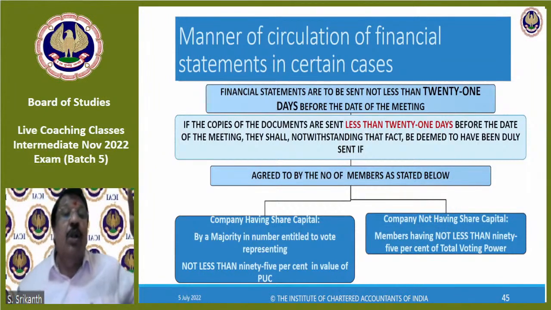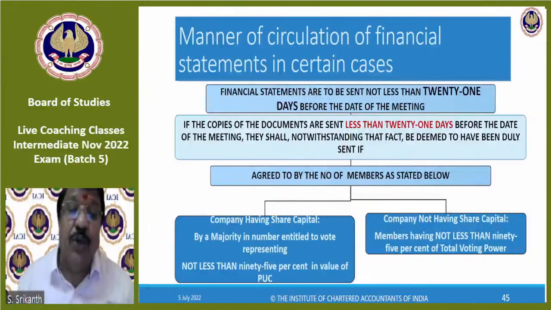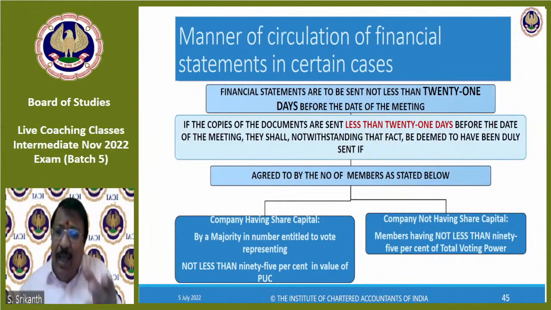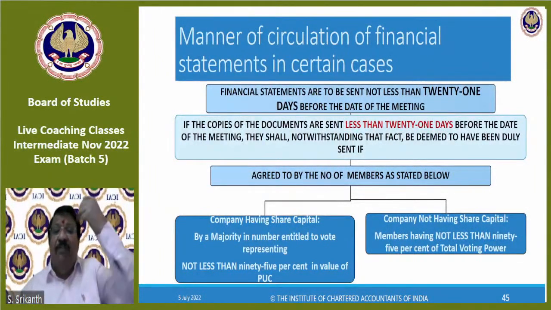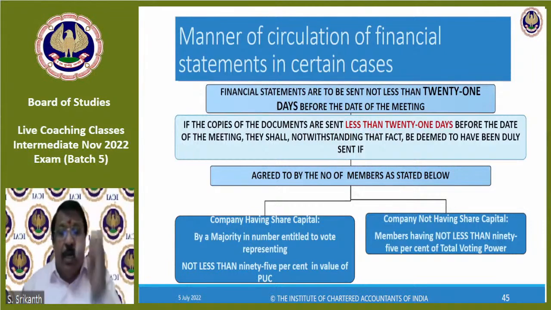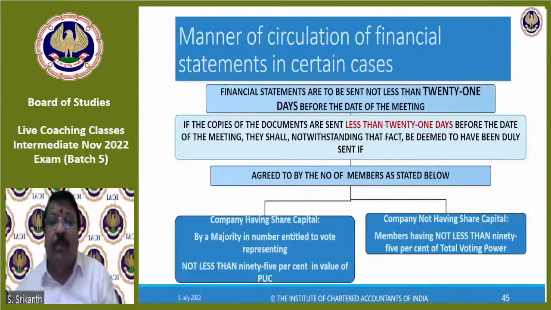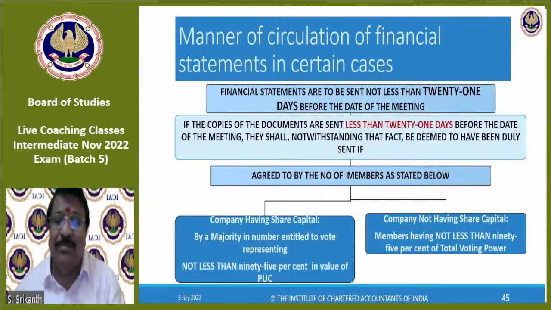Also, they should hold not less than 95% in value of the paid up capital, right? For a company having share capital. For a company not having share capital, members having not less than 95% of the total voting power. So you should calculate 95% and the number of members should be more than that number.